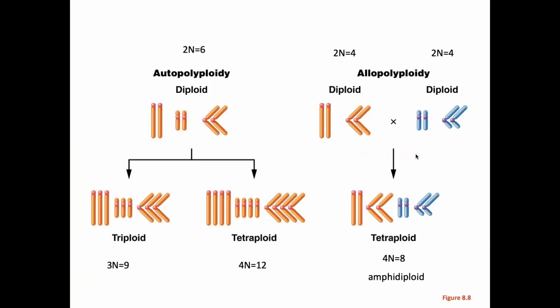Okay, but it's actually a two-step mechanism. You can actually combine those two diploid genomes into one new genome. And in doing so, you've created a fertile allopolyploid derivative.